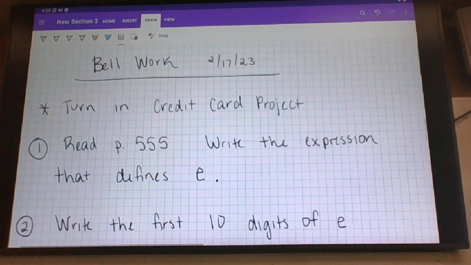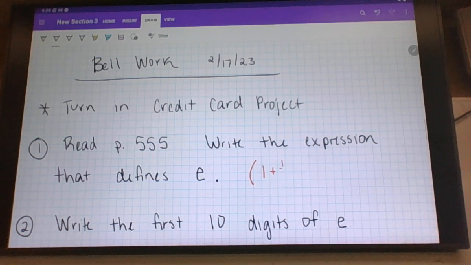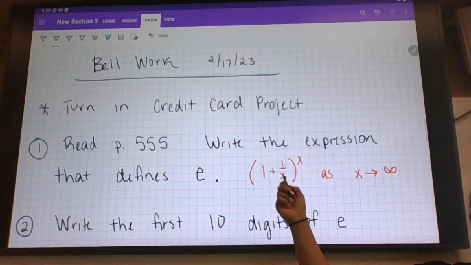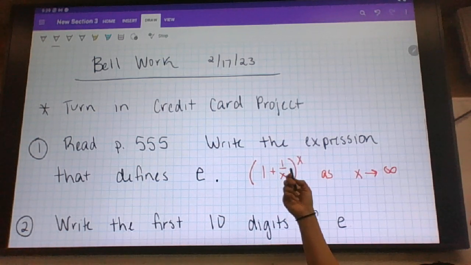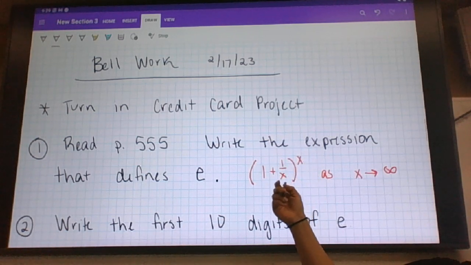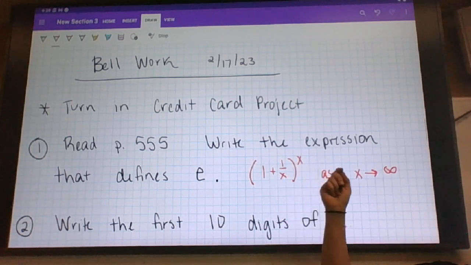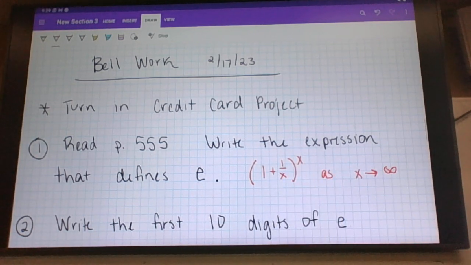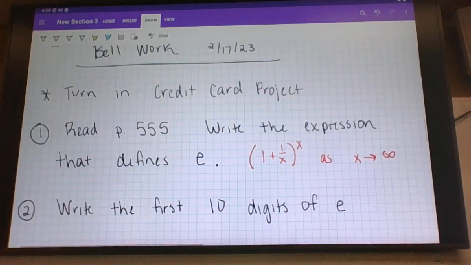So this is what I'm expecting you to write. And it's really important that you write as x approaches infinity, okay? So as x gets higher, and you put it here and here, as this becomes higher and higher, it keeps approaching this number e. Did you guys write the first 10 digits?